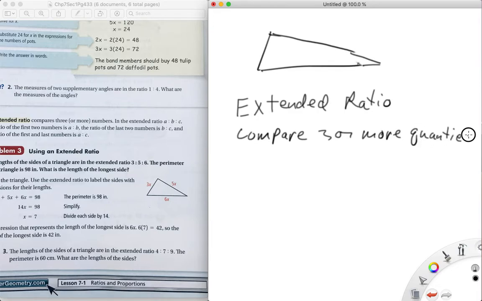So in the case of the problem, it says we have a ratio of 4 to 7 to 9. So 4, 7, and 9.